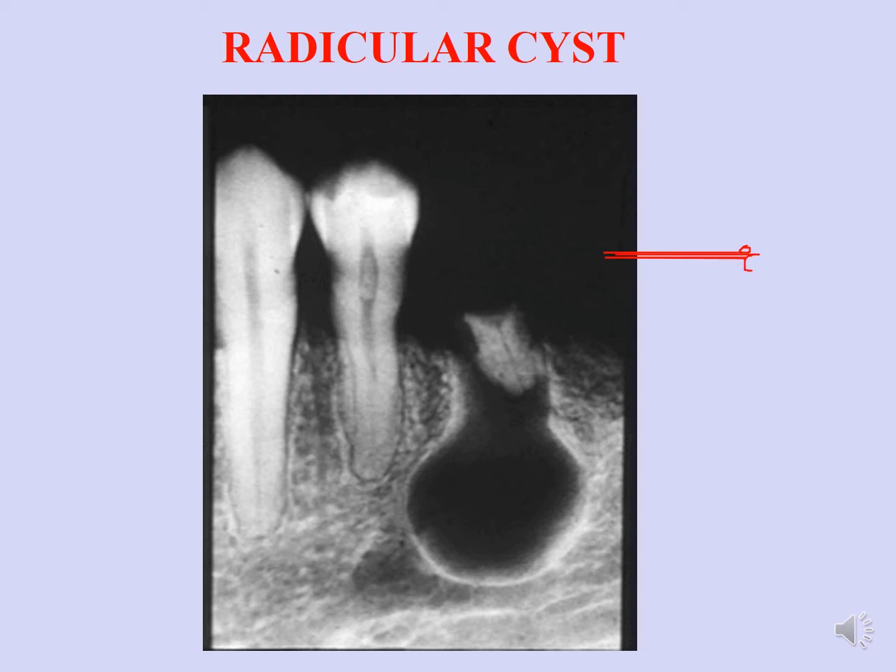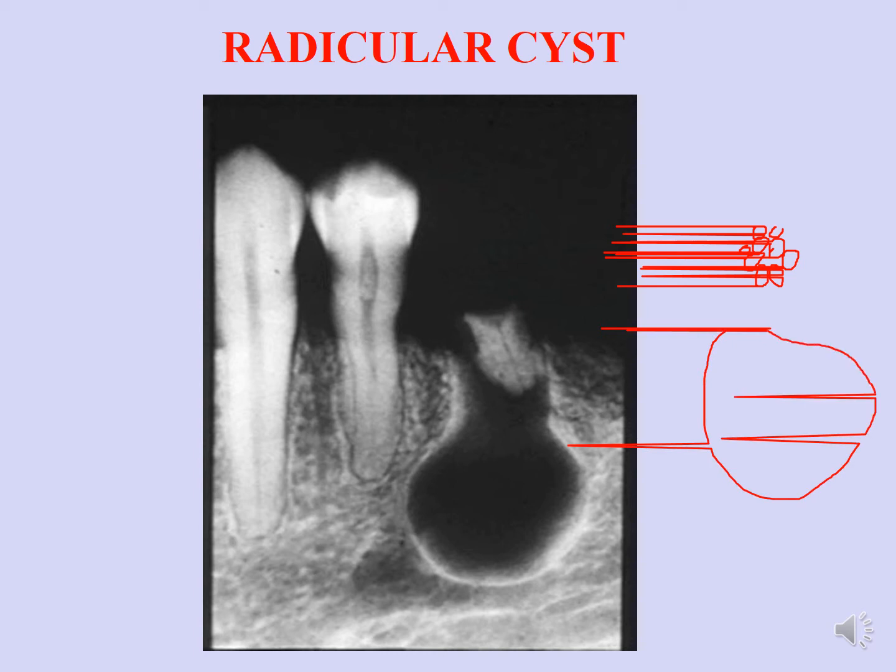When we talk about cell rest proliferation and cyst formation, basically what happens is, let's say these are the proliferating cell rests of Malassez, then as they proliferate, it leads to centralized degeneration of cells in the center, which is because as this collection of cells proliferates, the blood supply to the central-most part becomes lesser and lesser, leading to a central degeneration.